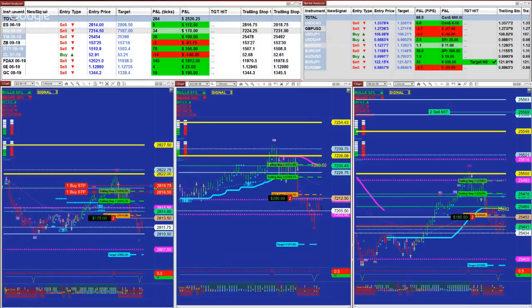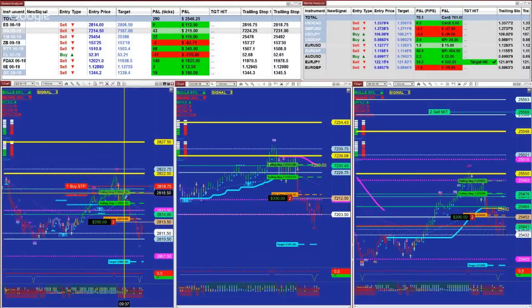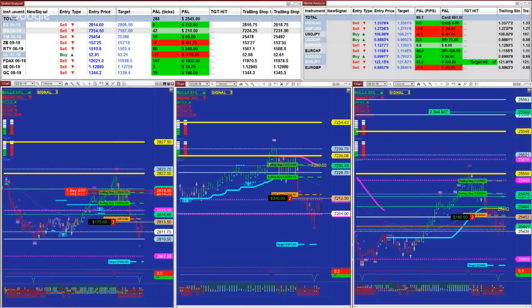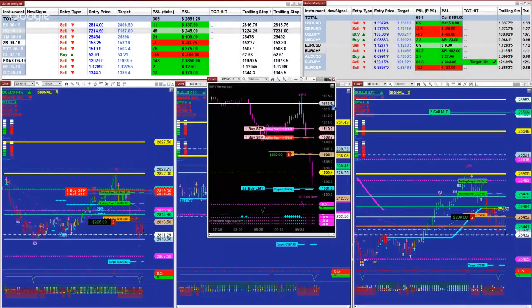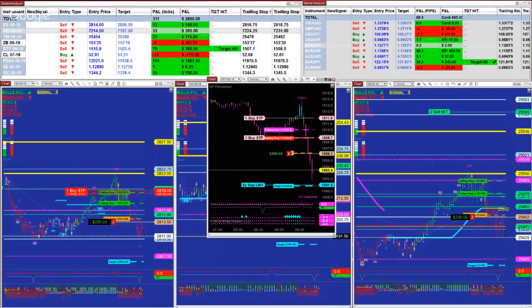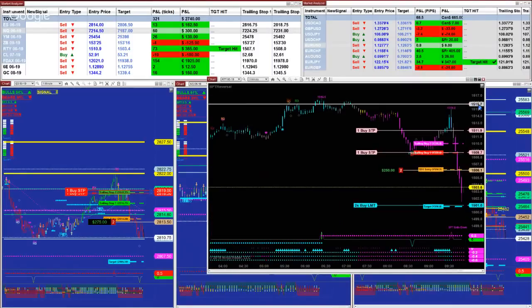I normally like the ATM because I like to manage my trade and move my stop loss. But if you are not interested in that, you can use the fully automated trade as you see here. If you try to move the trailing stop or extend the target, this is not going to happen.